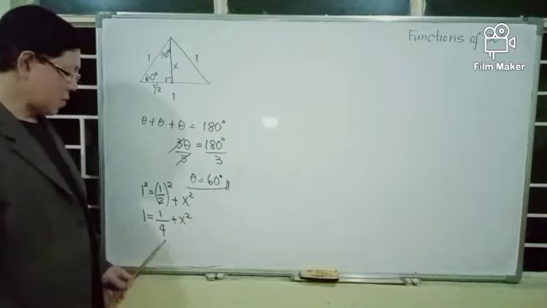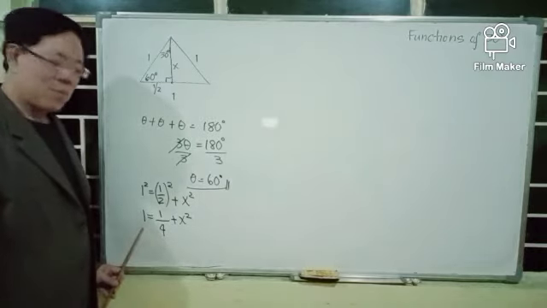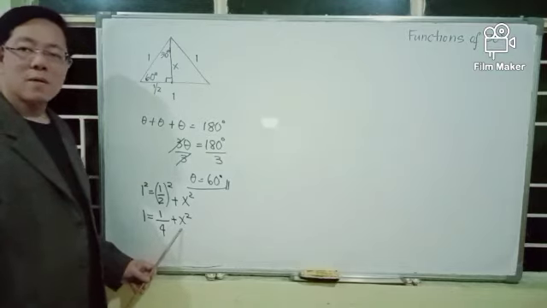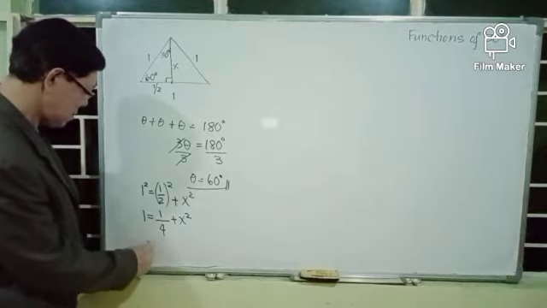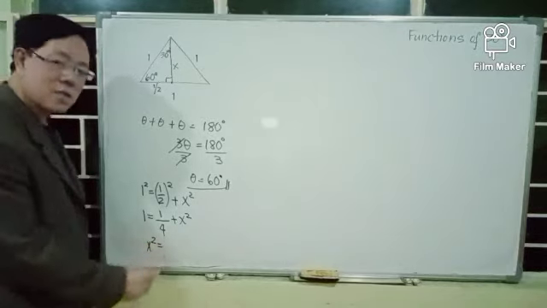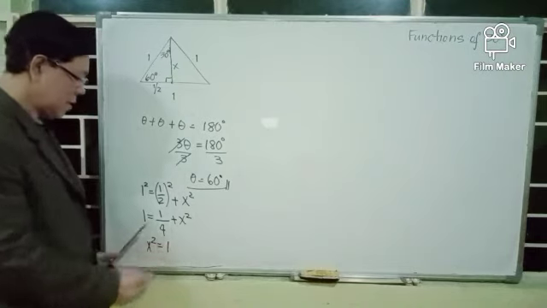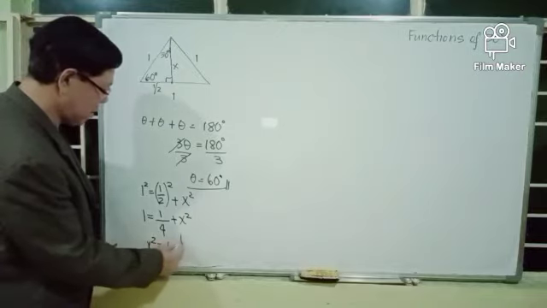And we transpose 1/4 to the other side of the equation, and we take the opposite sign of 1/4. At the right hand side, we have x squared. x squared is equal to 1. Transpose positive 1/4 to the left hand side, we have minus 1/4.